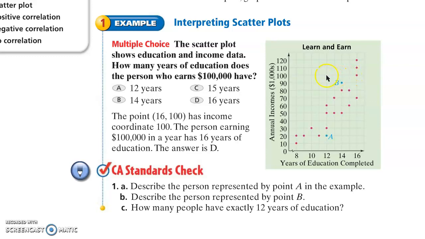Now, this person right here, whatever data this is, they made $100,000 that year. How many years of education did they complete? Well, if you go right to the dot and you go down to the x-axis, you're going to figure out that this person went to school for 16 years.